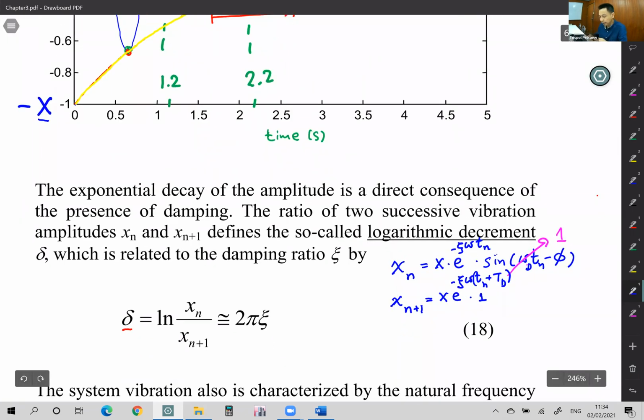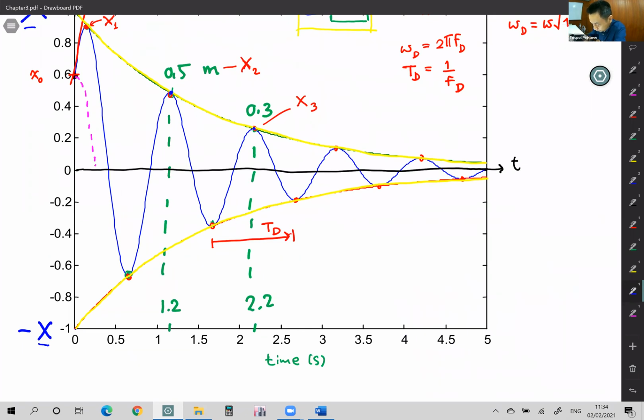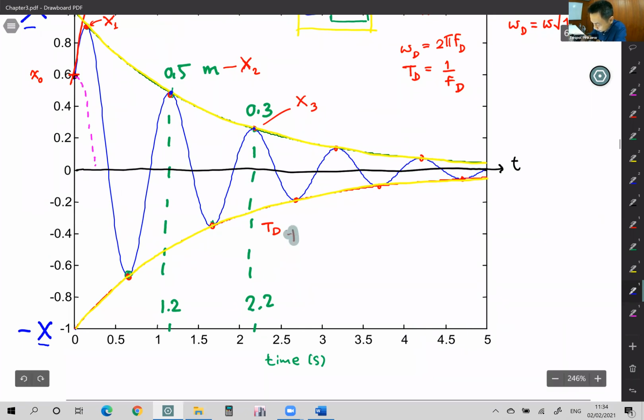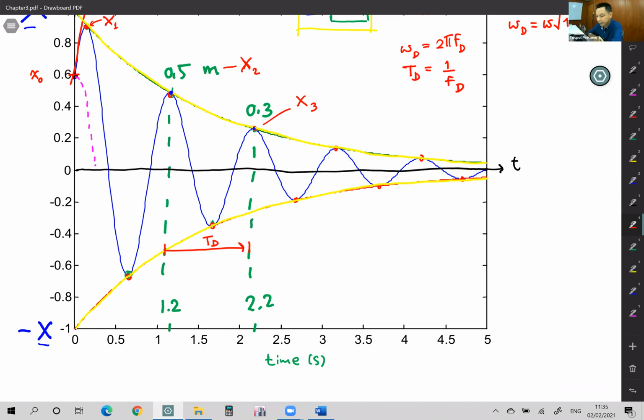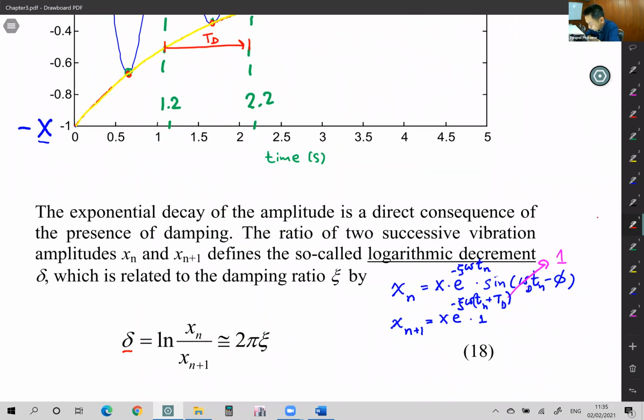The time has to increase from x number 2 to x number 1, x number 3 with this amount. Look at this. When you go from this to that, you add TD. TD is the period of vibration. Okay? So that's why you can have the TD in this equation.